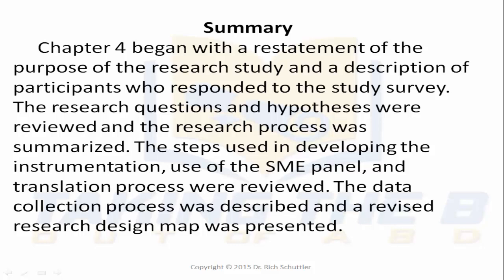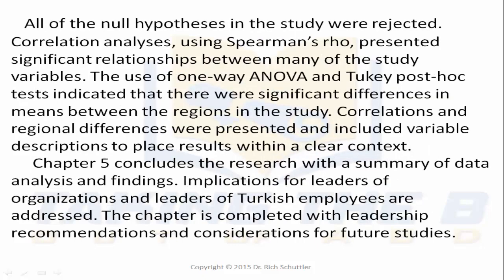Chapter 4 began with a restatement of the purpose of the research study and description of the participants who responded to the study survey. The research questions and hypotheses were reviewed, and the research process was summarized. The steps used in developing the instrument, use of the SME or subject matter expert panel, and translation process were reviewed. The data collection process was described, and a revised research map was presented. All the null hypotheses in the study were rejected.